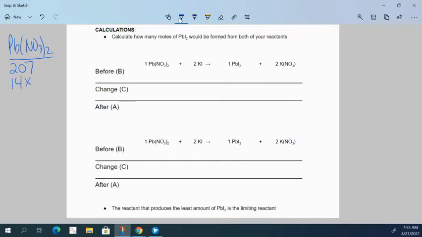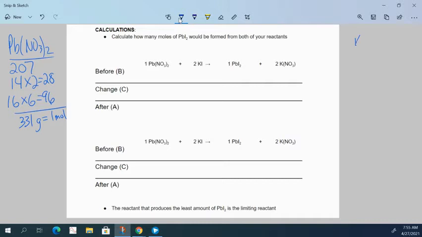We got 2 nitrogens when we distribute that, so that's 28. And then we got 6 oxygen. 6 times 16 is 96. Plus 28 plus 207. Okay, so that's 331 grams in 1 mole of that.